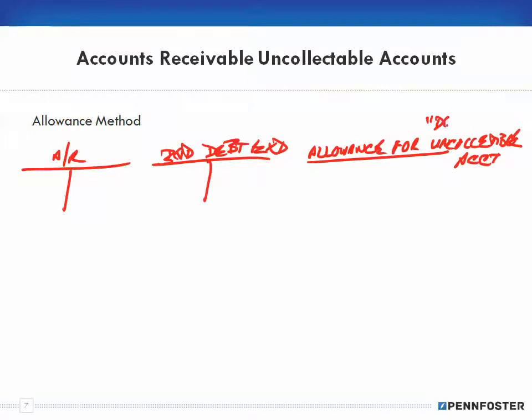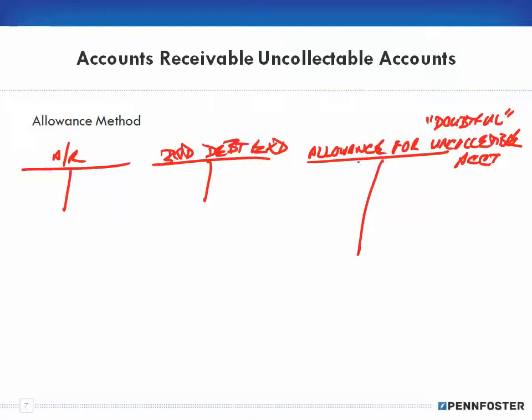You could use the word uncollectible or doubtful; that's interchangeable. I have a tendency to use allowance for doubtful accounts because that's what I learned on. I notice in the book it says allowance for uncollectible accounts. Both mean the exact same thing.